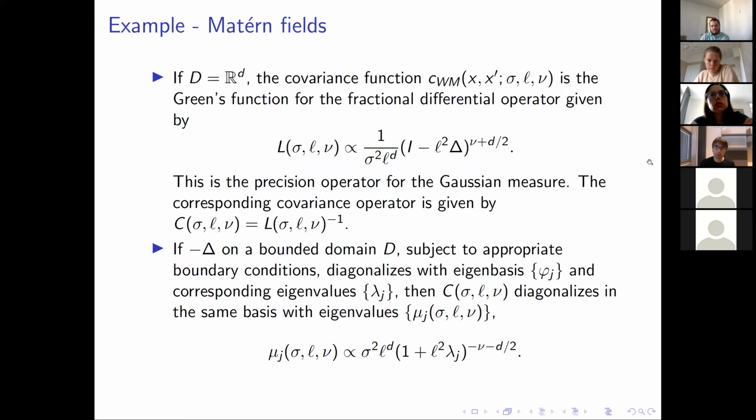On the other hand, if you're on a bounded domain and you have a suitable eigenbasis that diagonalizes the Laplace operator, then you can write the covariance in this basis and write the covariance operator that has the following eigenvalues.